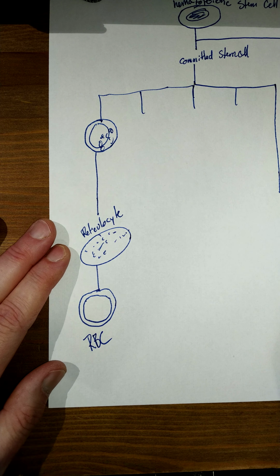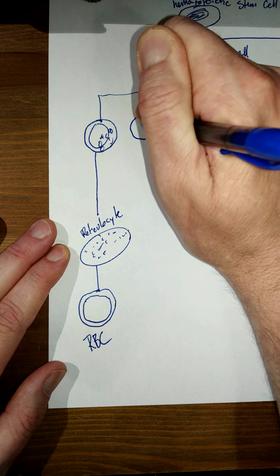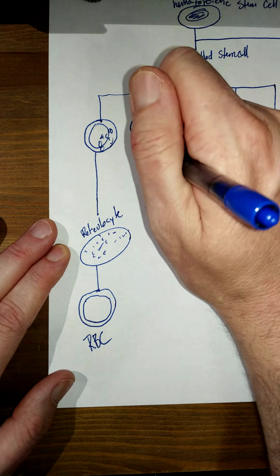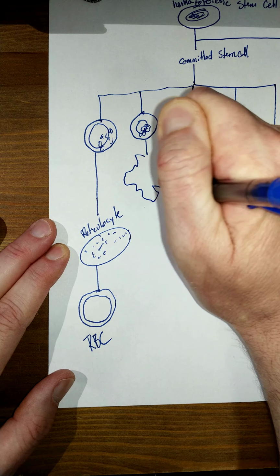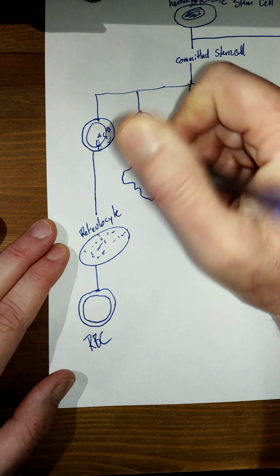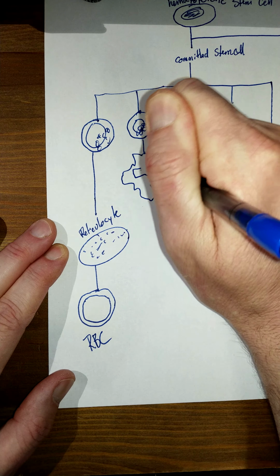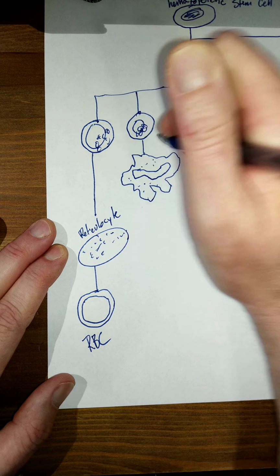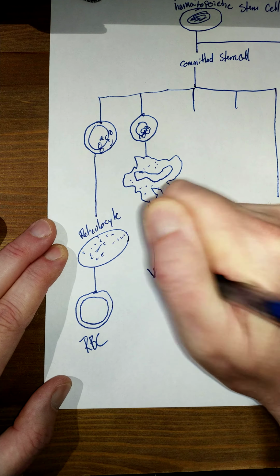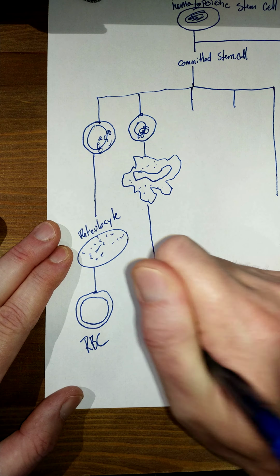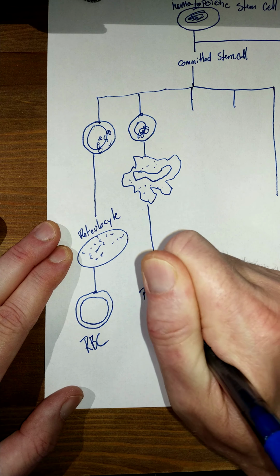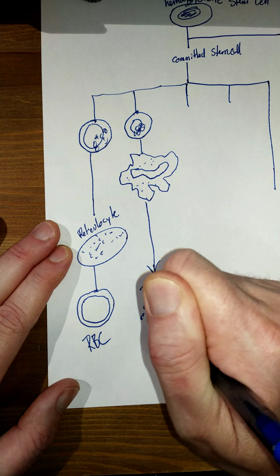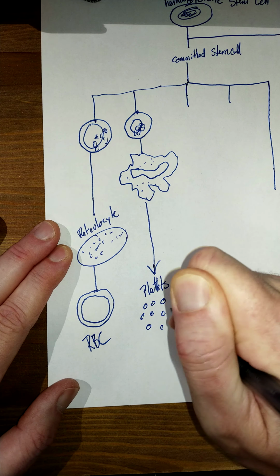The next one differentiates kind of similar, and then we get this weird shaped thing that looks like that, with an internal structure like that. And then this differentiates into platelets. Remember, platelets are just cell fragments that float around in the blood.